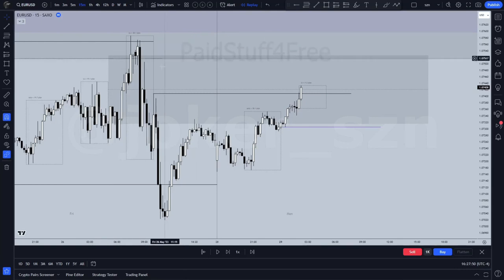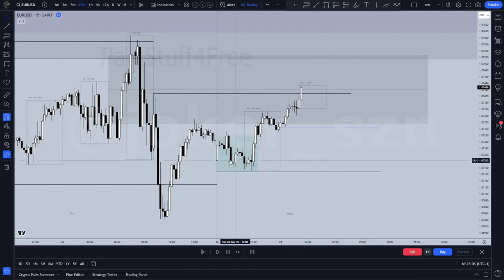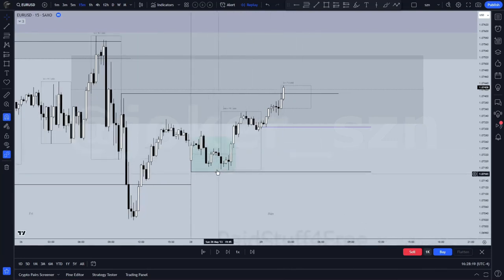So this is our higher time frame POI, right? And the narrative is the market maker model, right? We have the original consolidation right here, and we are aiming, if we get a confirmation, we would short and aim for those equal lows here, right? And you can see those lows also have the context of time being the Asian lows, so we have a high probability draw on liquidity.